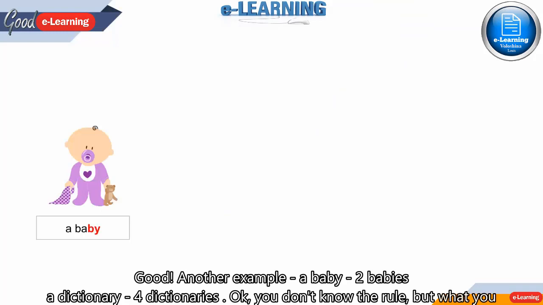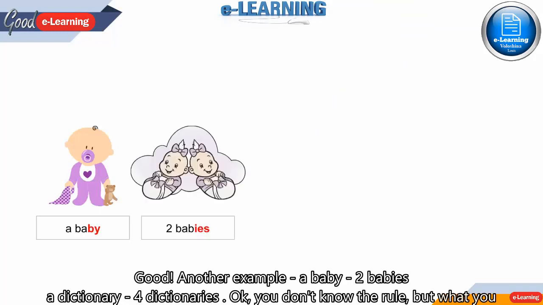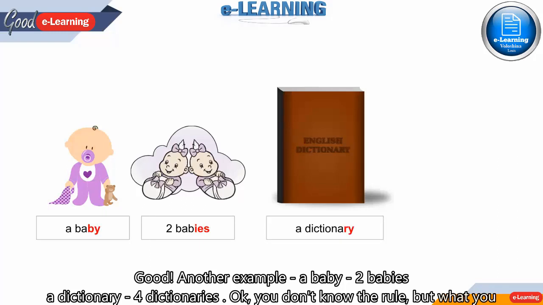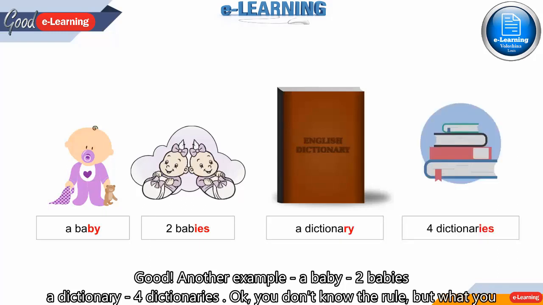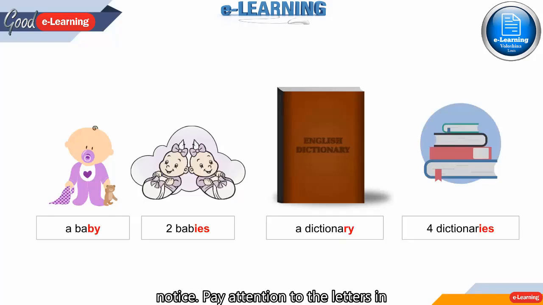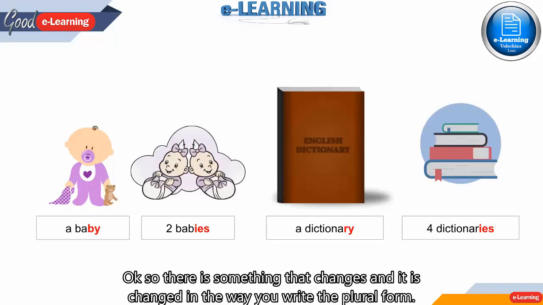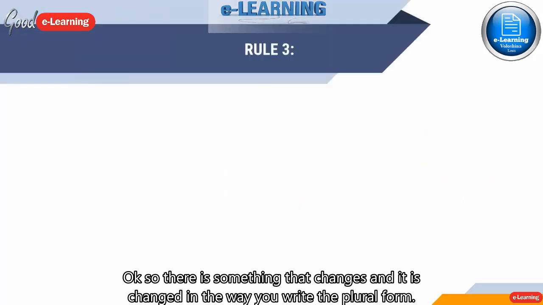Good. Another example. A baby, two babies. A dictionary, four dictionaries. Okay, you don't know the rule, but what do you notice? Pay attention to the letters in red. Baby, babies, ies. So there is something that changes, and it is changed in the way you write the plural form.